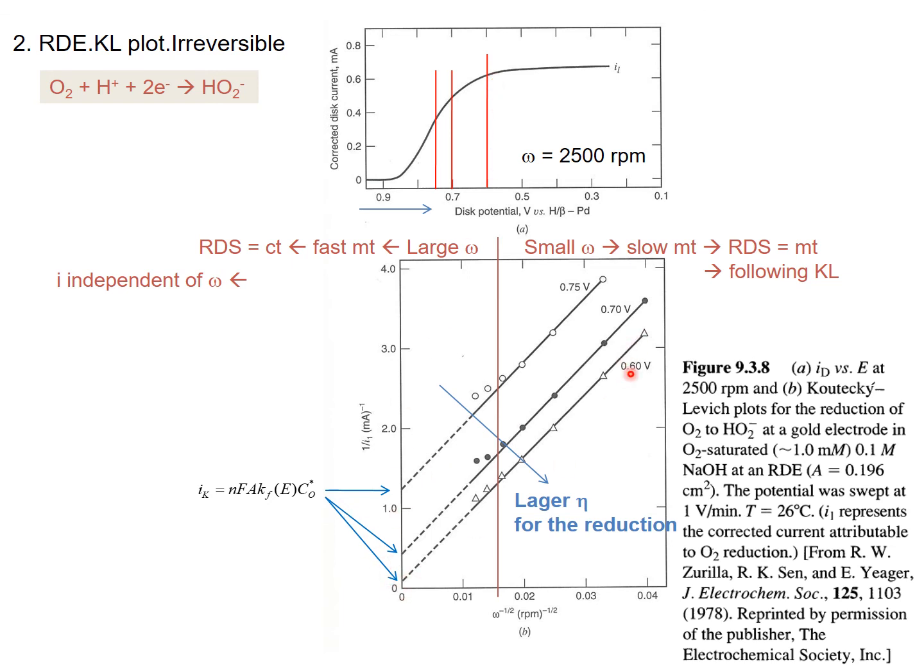Then let's move from 0.60 to 0.7 to 0.75 volt. Let me say this 0.75 volt is the lowest overpotential.